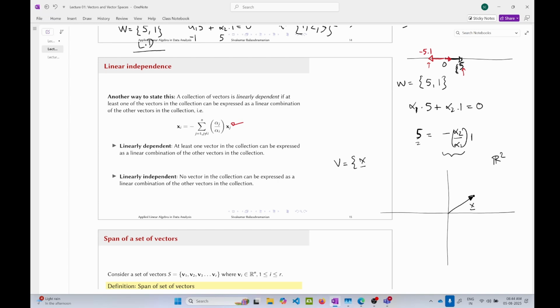So my V is a non-zero vector. Is this set linearly dependent or independent? See, whenever you have a single element in a set, and it's not zero, it's linearly independent. Because the only way I can produce alpha times x equals 0, if x is non-zero, is if alpha is 0. So it's linearly independent. Okay, all right.